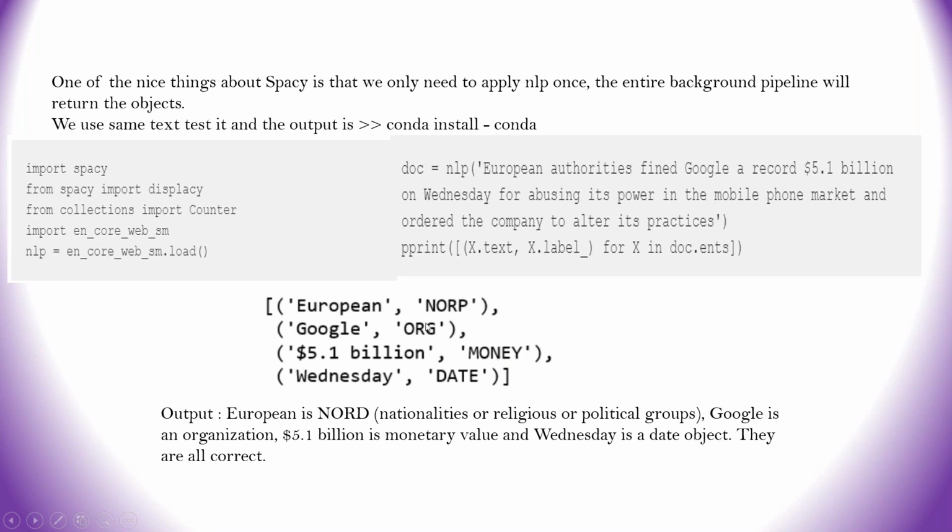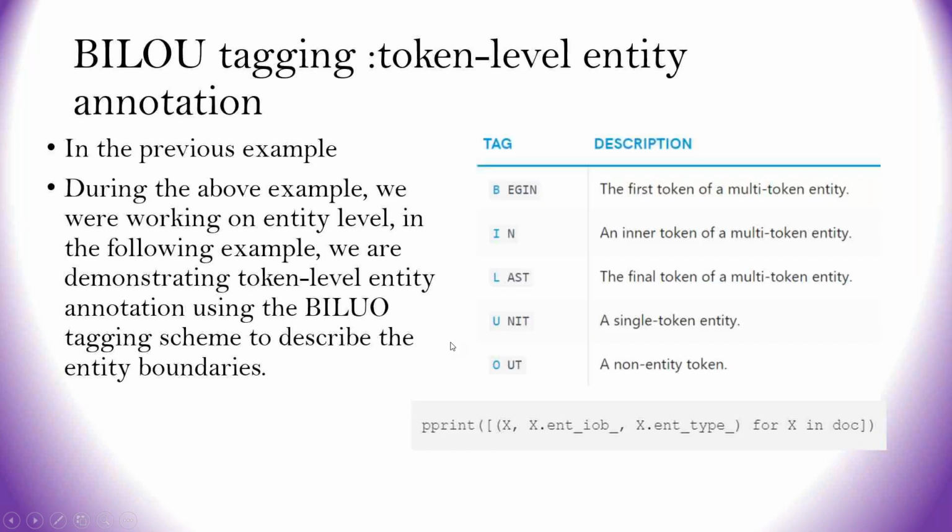So this is a named entity recognition usage, and this is again BILUO tagging. It is a kind of token-level entity annotation where B is the beginning token of the entity, I is an inner token, L is the last token, and U is a unit, a single-token entity that does not have any more words in it.